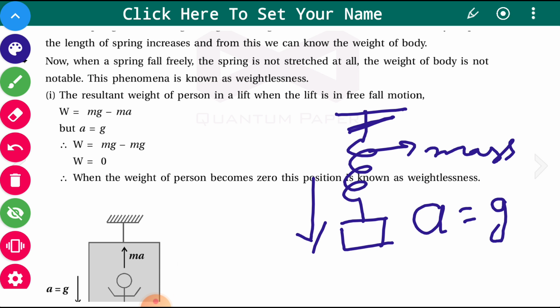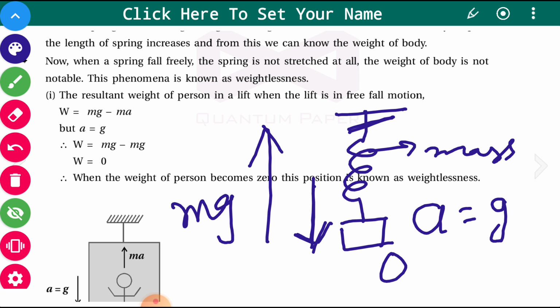Then at that time the spring gives you a weight equal to 0, because, try to understand, the force mg is in the downward direction and the pseudo force, that is mg, is in the upward direction. Both forces cancel out each other's effect, so the resultant force will be equal to 0. So the weight seen in this spring will be equal to 0.